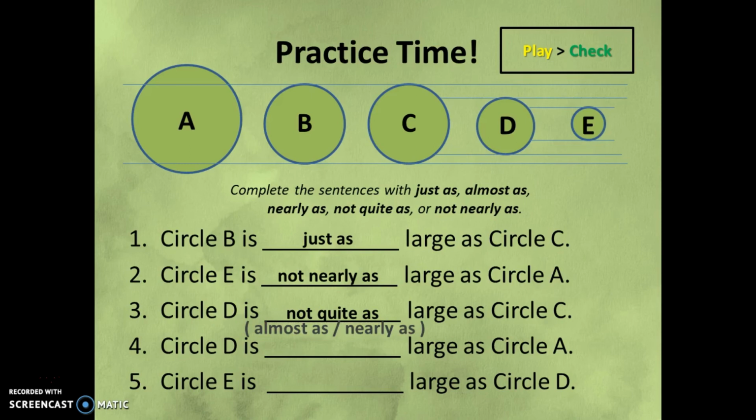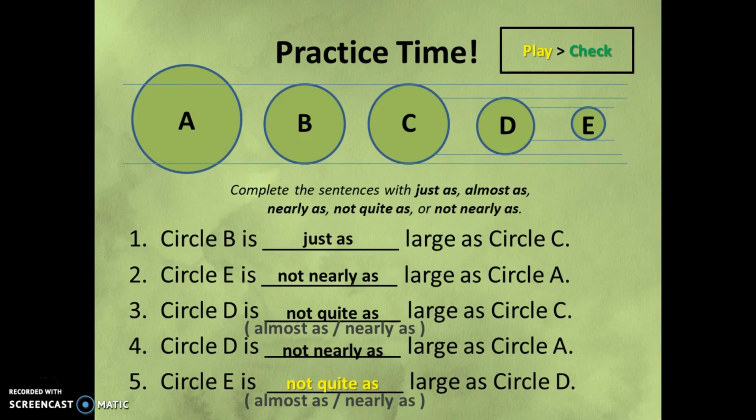Now let's take a look at sentence 4. Circle D is not nearly as large as circle A. And again, we're using not nearly because the difference in their size is a big difference. Finally, sentence number 5, circle E is not quite as large as circle D. And again, we could use almost as or nearly as in addition to not quite as.